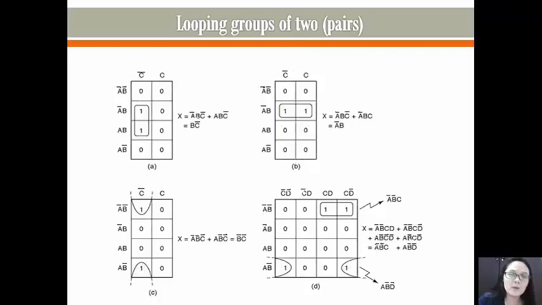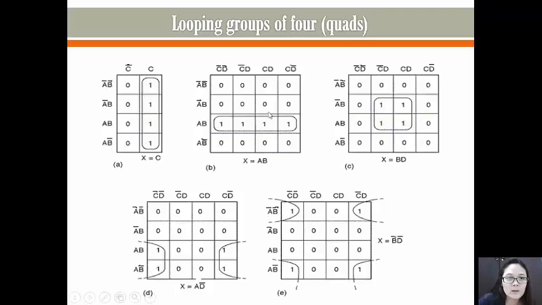So this is the looping for group of 2. This is group of 2, group of 2, group of 2, up and down. This is group of 2 and this is the side grouping. This is the looping group of 4.